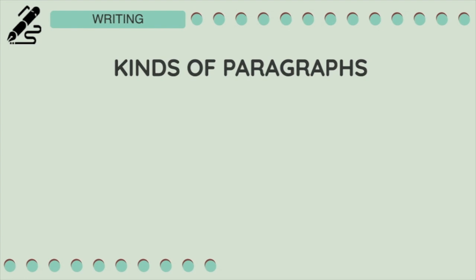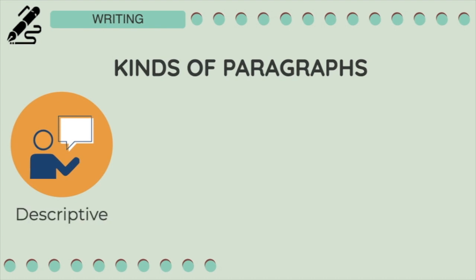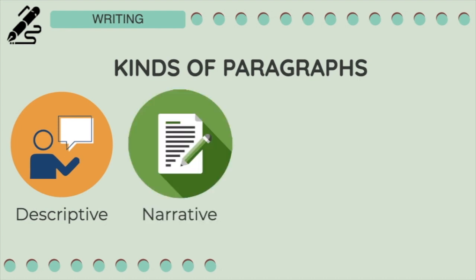Paragraph has four kinds. A descriptive paragraph describes a person, place, object, animal, and an idea using the five senses. The reader feels a part of the scenario being described in the paragraph. Second, narrative paragraph. It tells a story using words and descriptive words.